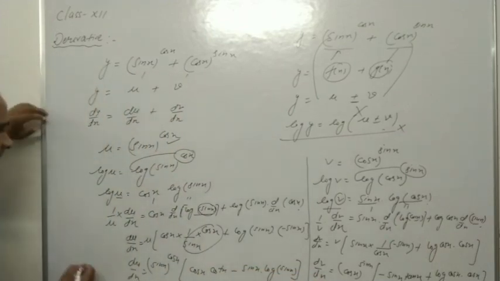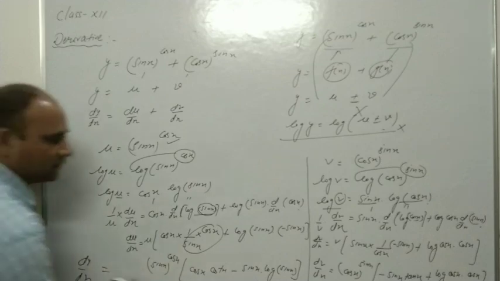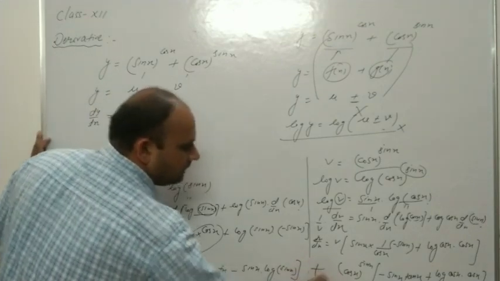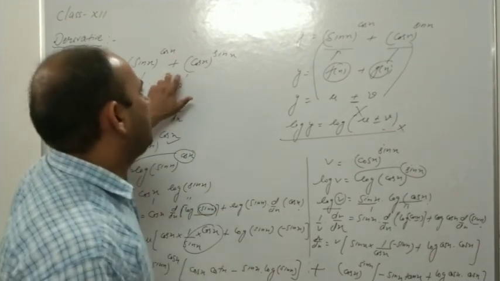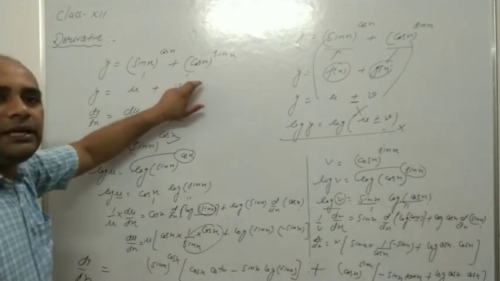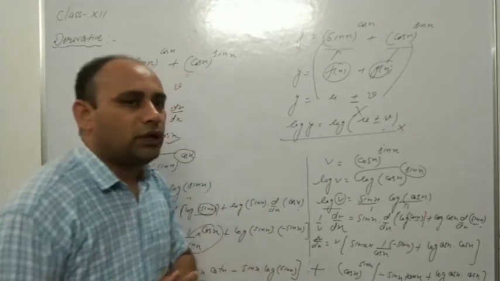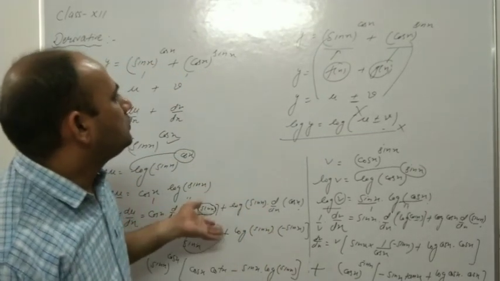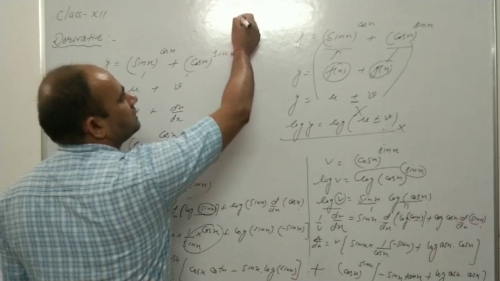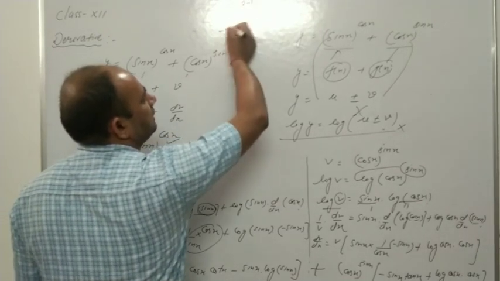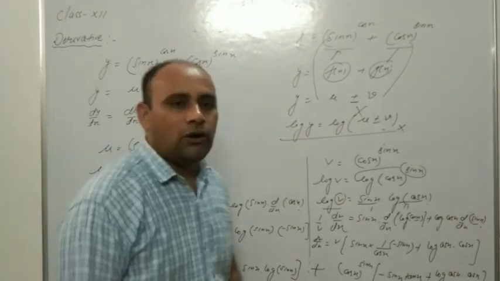Now dy by dx, you know dy by dx is the sum of du by dx plus dv by dx. You will add both. Okay, so when such a type of problem comes, u plus v or u minus v, then you have to take individual log. Okay, so dear student, today you will try problems of derivative of the function in the form of f(x) raised to power g(x), either u(x) raised to power v(x). Okay, stay home, stay safe.